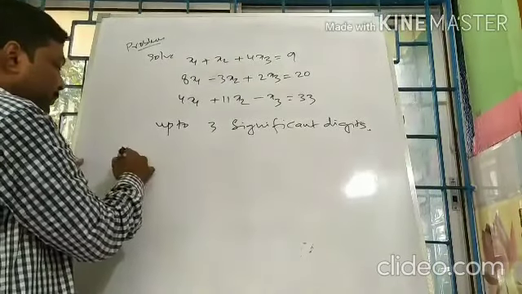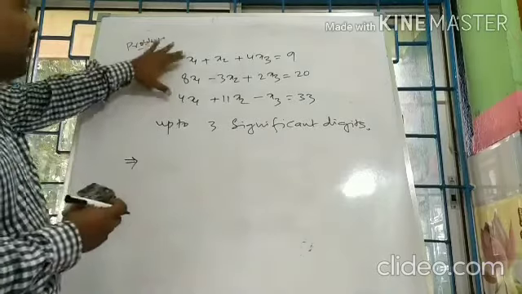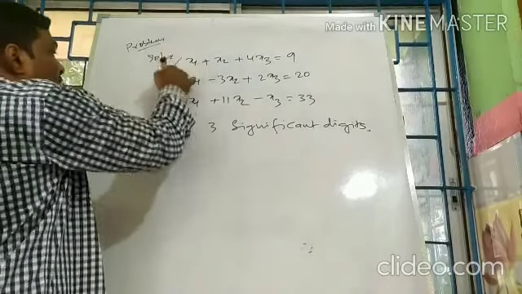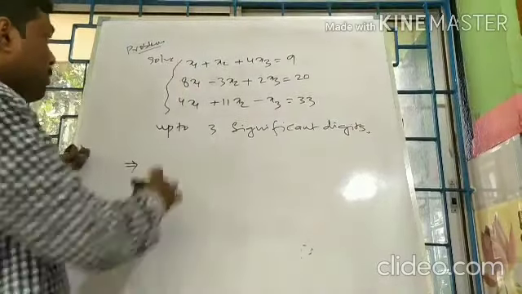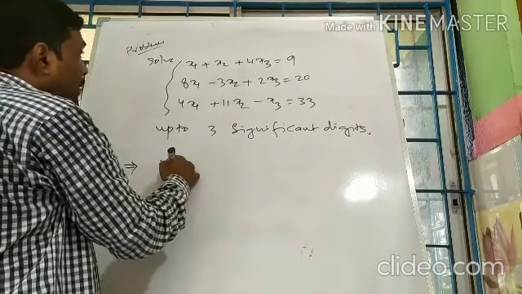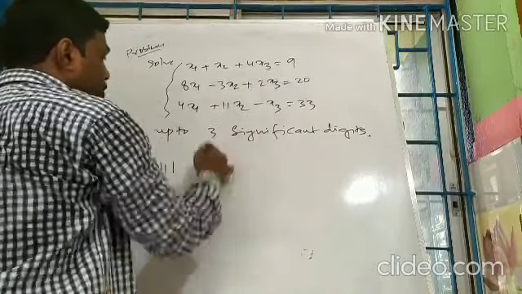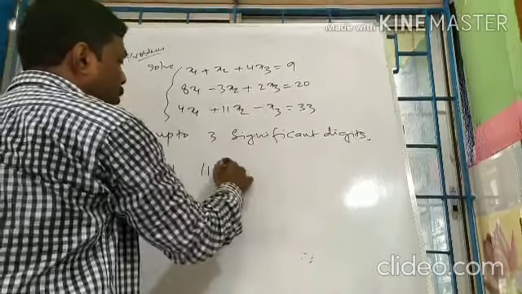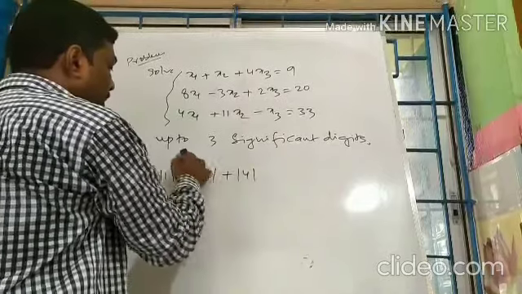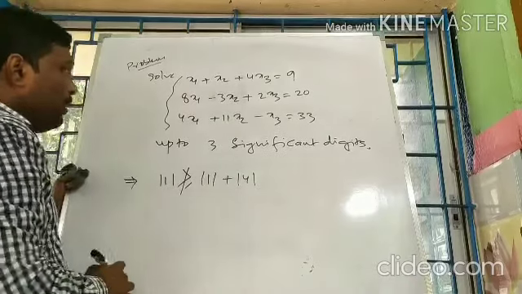Now see, the given system of equations, is it diagonally dominant? See, the coefficient of x1 is 1, so mod 1, next coefficient is 1, so mod 1, next coefficient is 4. So mod 1 is not greater than or equal to mod 1 plus mod 4.